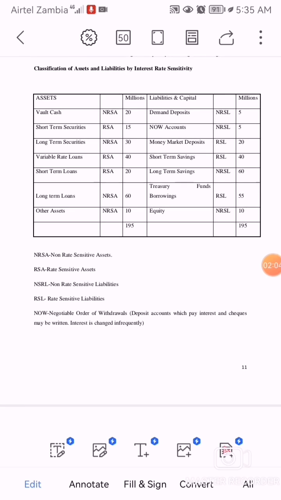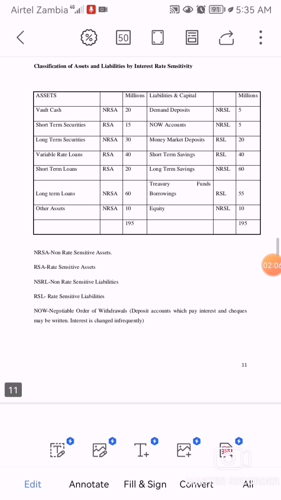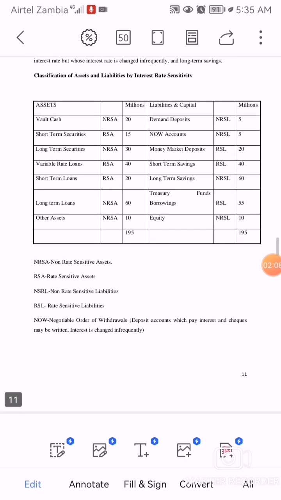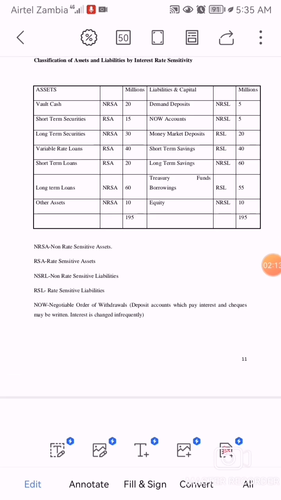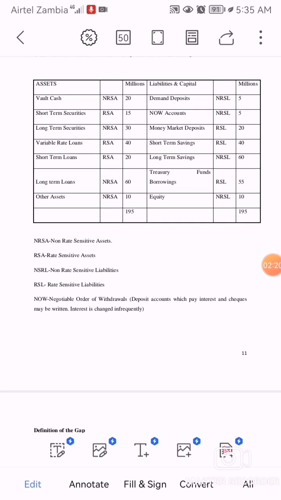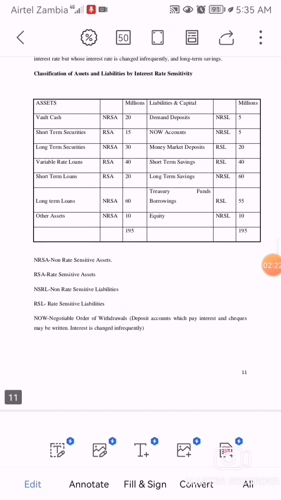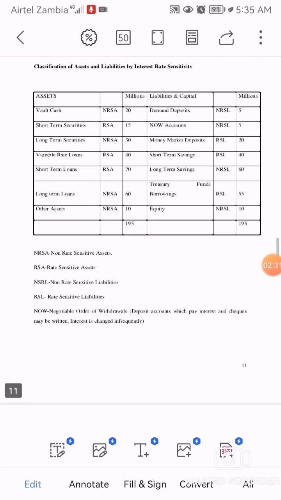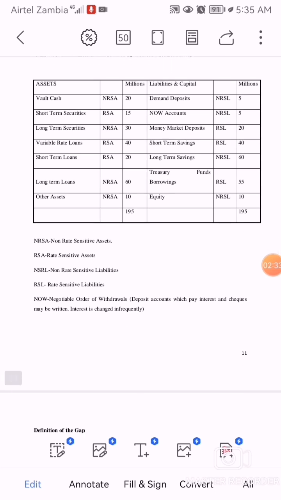If it's not fixed, if it changes, then it's RSA. In our table, we regard short-term securities or short-term assets to be RSA. Anything that's short-term, that's a very important tip, and anything that's variable, it's RSA. So when you look at your table, you realize what I've just said.